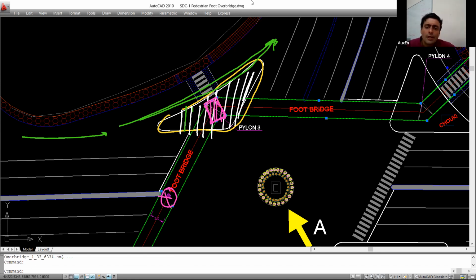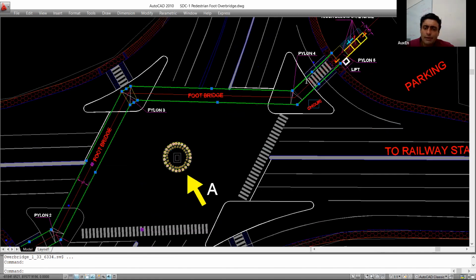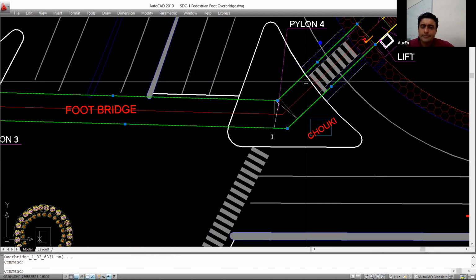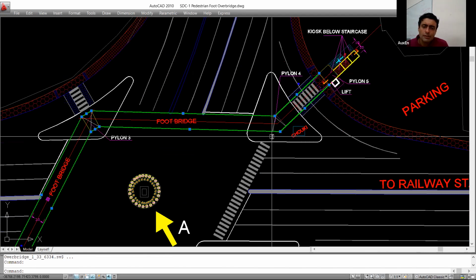Okay. Then the next pylon was taken on the next traffic island over here. So this was a traffic island.